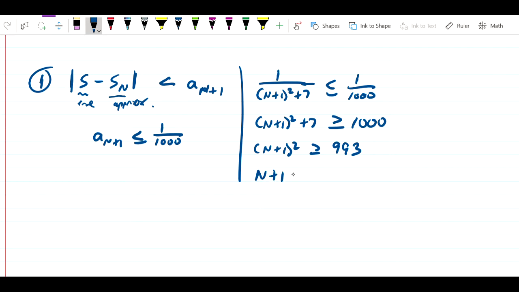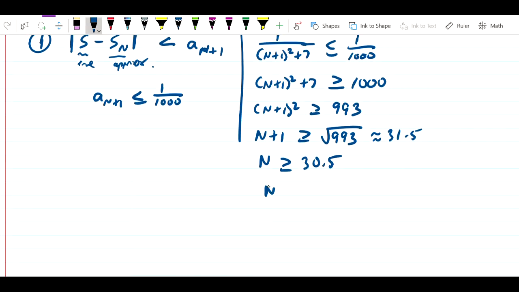I then get n+1 is greater than or equal to the square root of 993, which is approximately equal to 31.5. I subtract 1 from each side of the inequality. That means that n should be greater than or equal to 30.5. And since you can't add up a fractional amount of a term, in order to make sure that you have enough terms, you're going to have to go with the next integer. So this means that n is equal to 31.